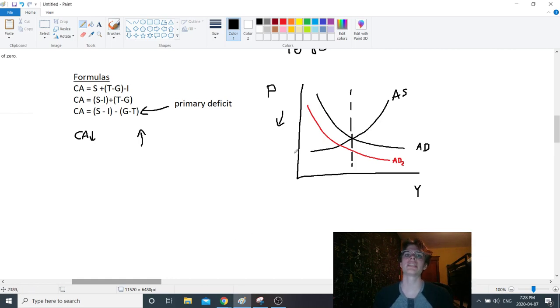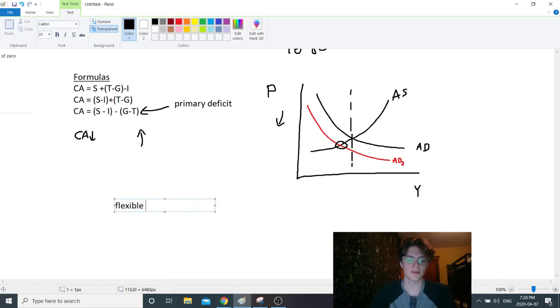So even though we're in a recession here and we have less employment, the flexible exchange rate acts as a buffer or an automatic stabilizer.